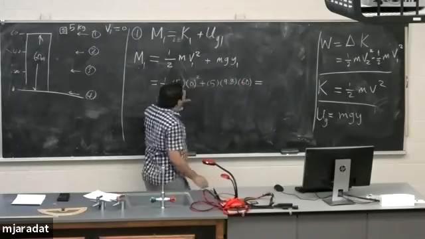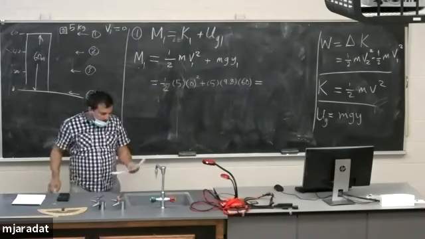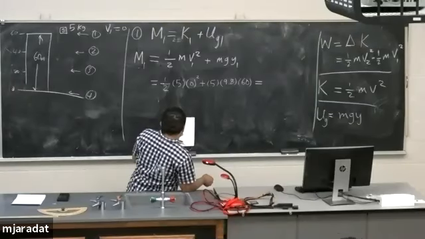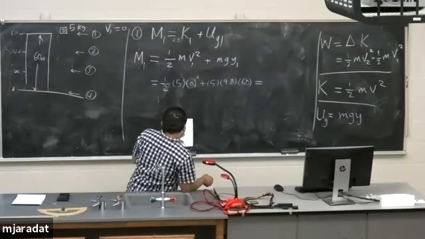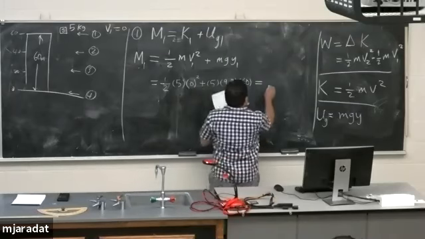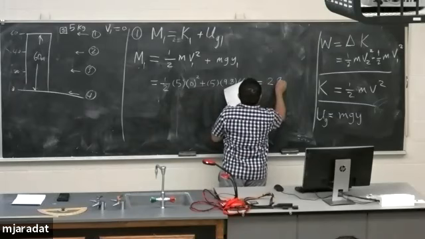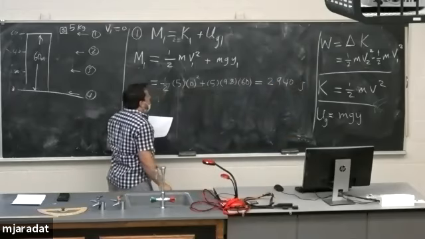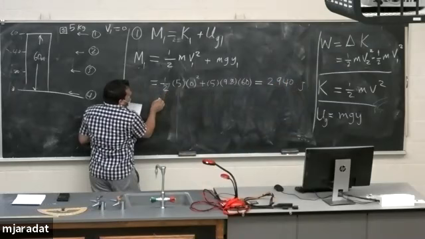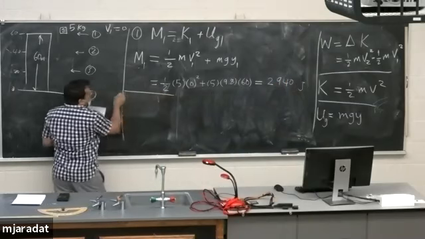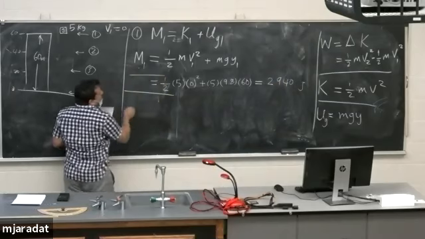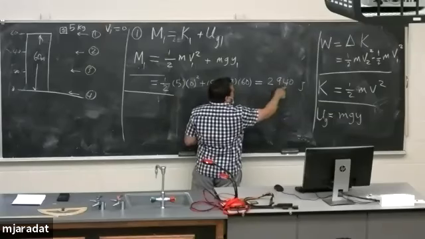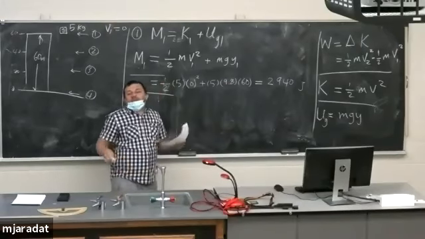This will give us 0 plus this term, so the mechanical energy will be equal to 2,940 joules. The kinetic energy is equal to 0. The potential energy is equal to 2,940. All of the energy is potential energy.